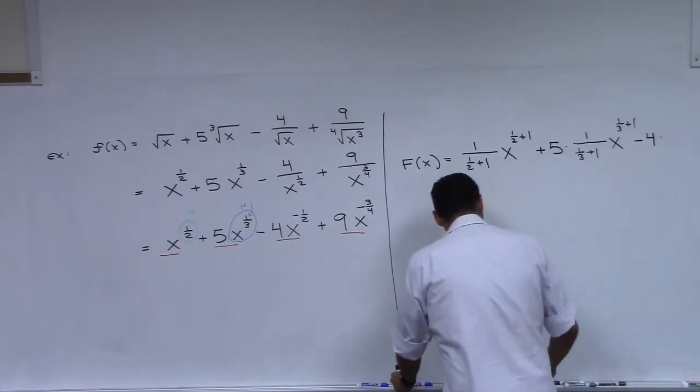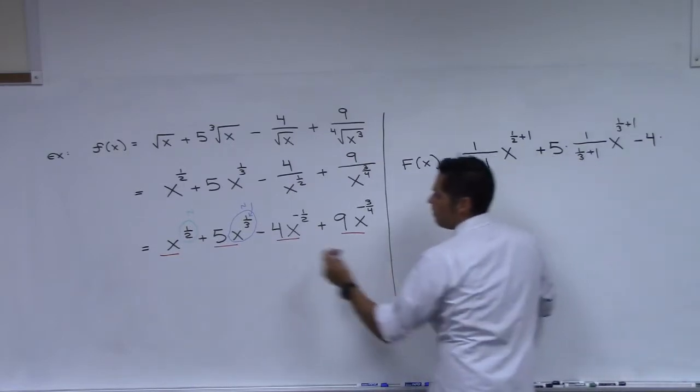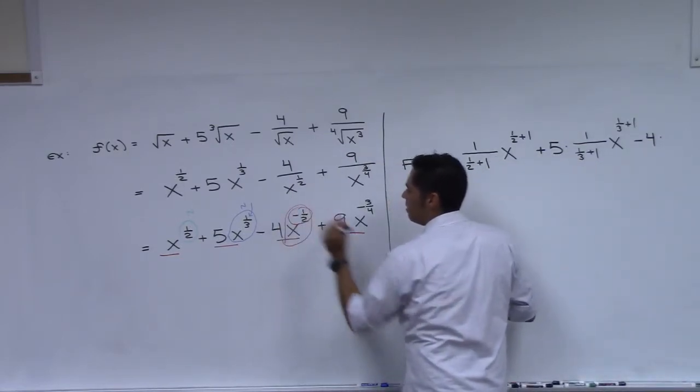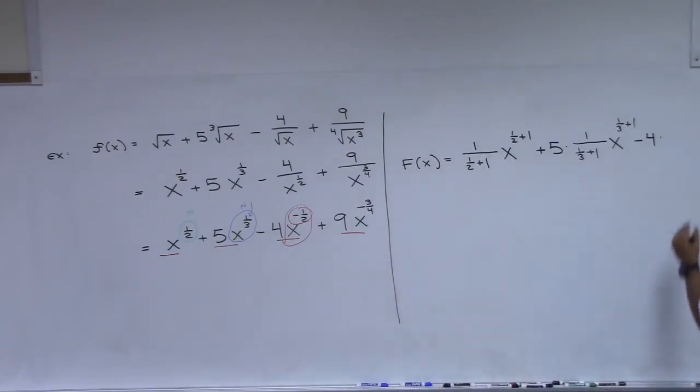And now I'm working on this one right here. And this time my n is the negative 1/2. So it's going to be 1 over negative 1/2 plus 1, x to the negative 1/2 plus 1. And I'm probably about to go off the screen here. Yeah, I actually am off the screen a little bit.